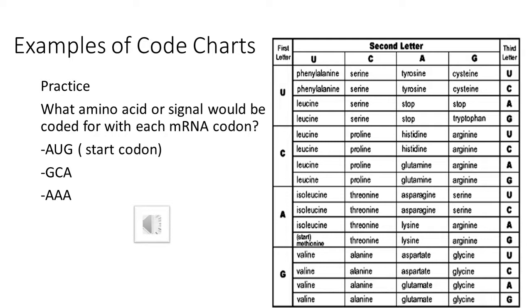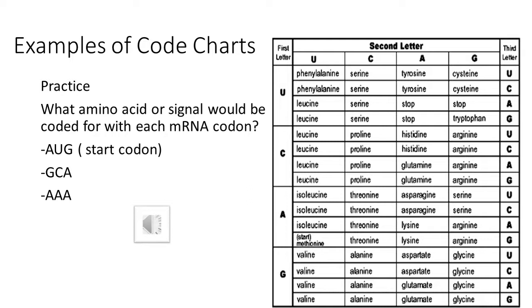Put your finger in front of A and in the U, and then leave your finger here. Just move your eyes to the third letter on the right side, G. A, U, G is going to be methionine. Methionine is an amino acid. So AUG gives the amino acid called methionine.